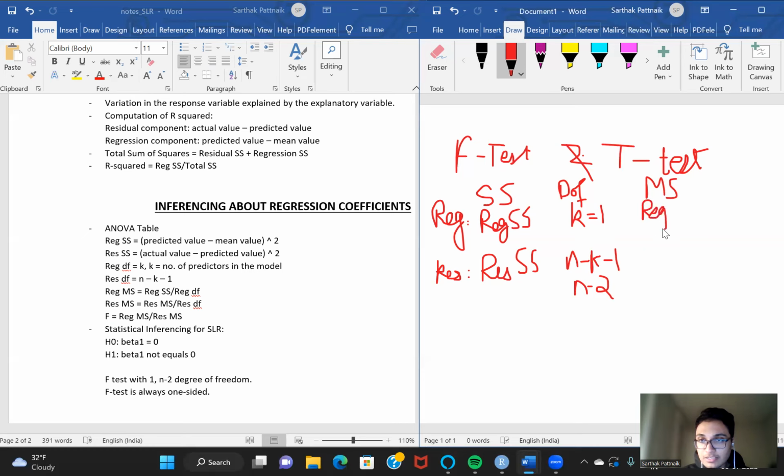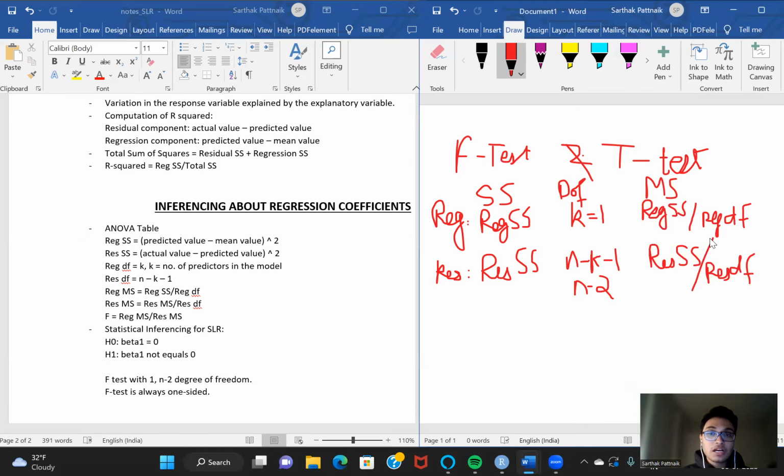Regression mean squared is regression sum of squares divided by the regression degree of freedom, and residual mean square is residual sum of squares divided by residual degree of freedom.